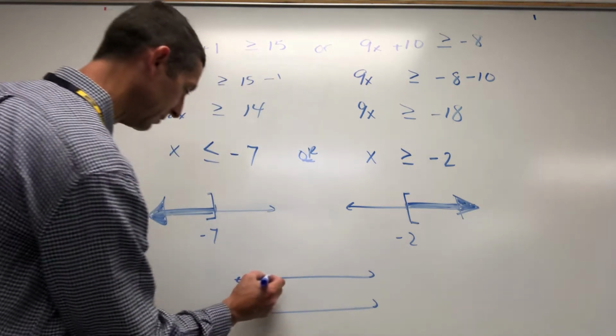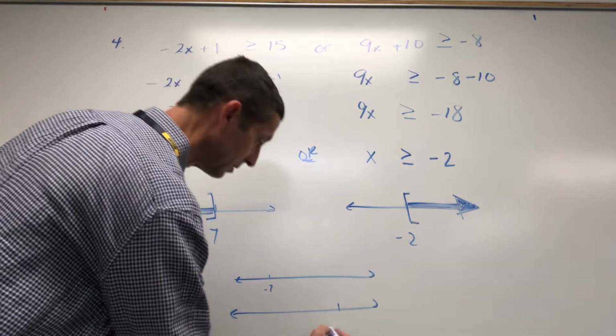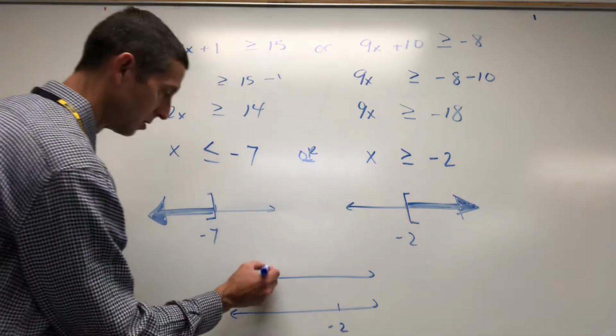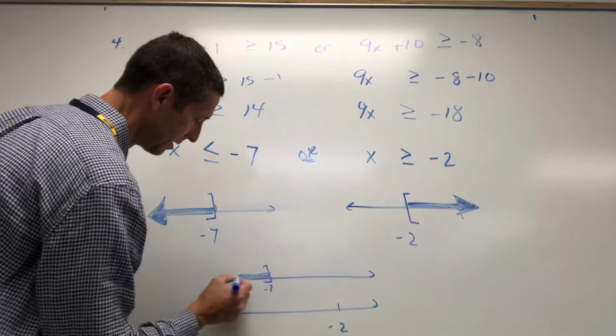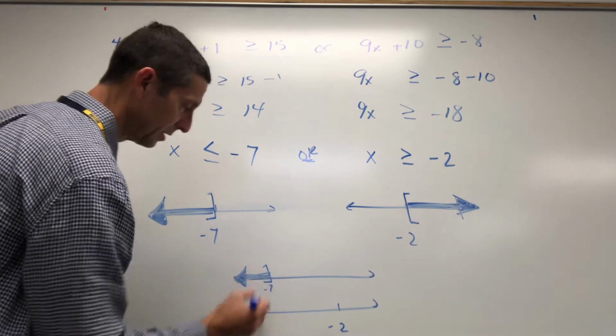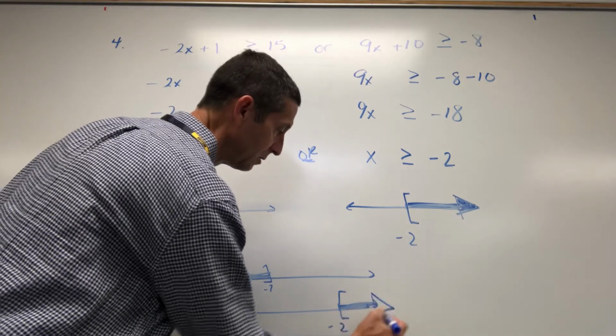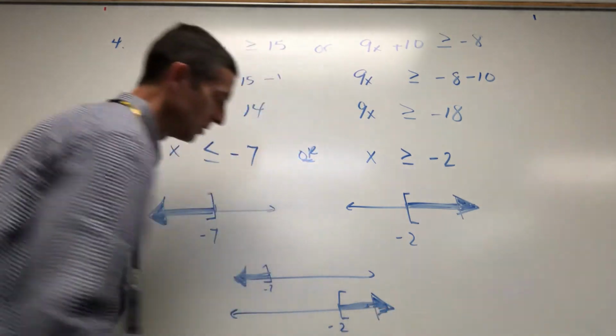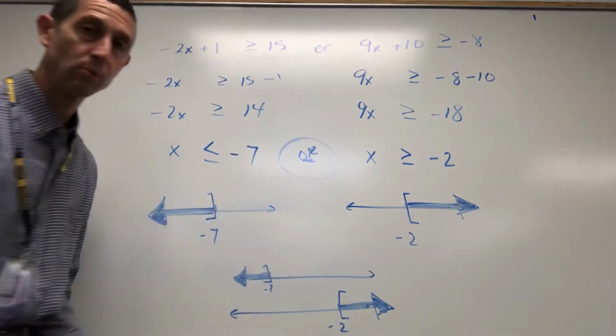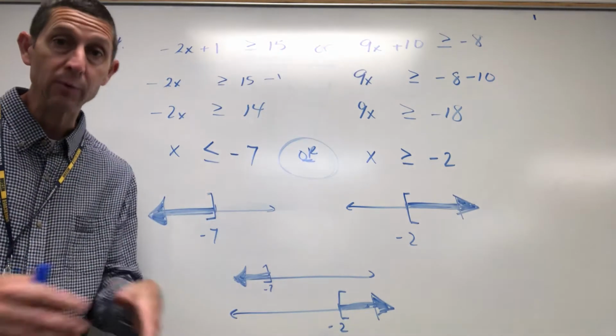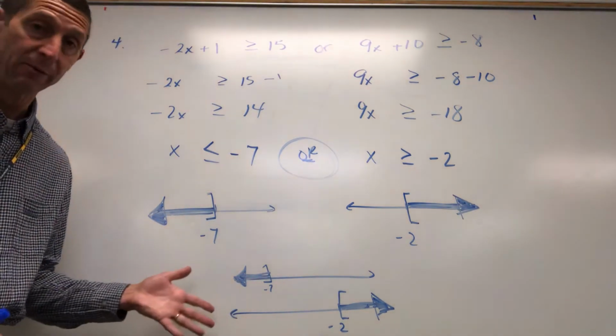Which is smaller? -7 is smaller. Here's -2. So here is my top graph with the -7. Here's my other one with the -2. So when the question has OR, it wants your final answer to represent everything that's shaded.